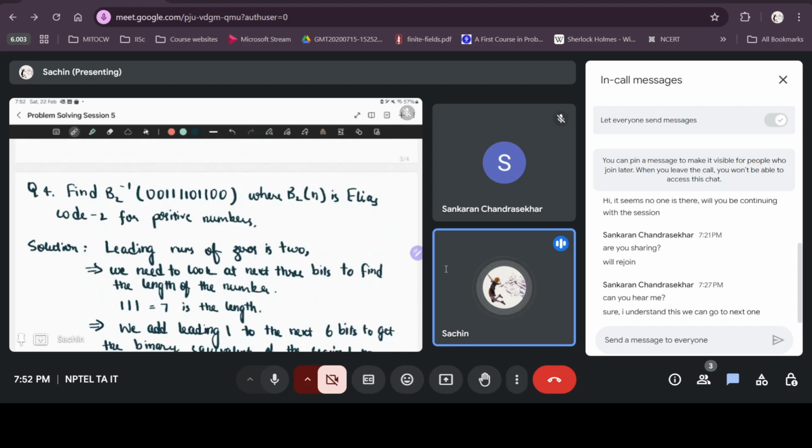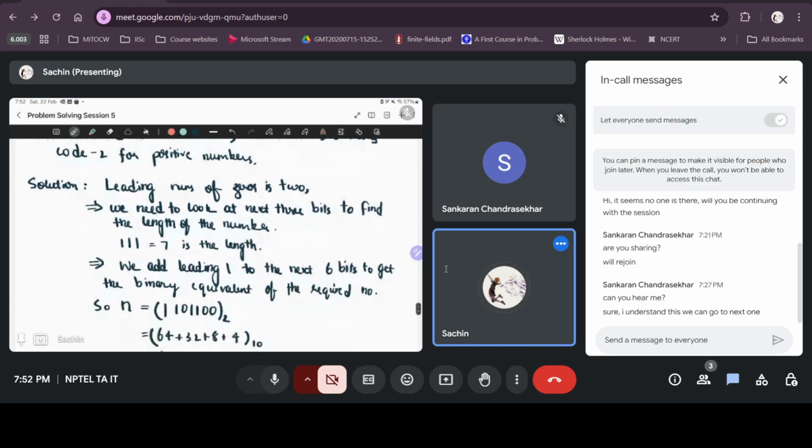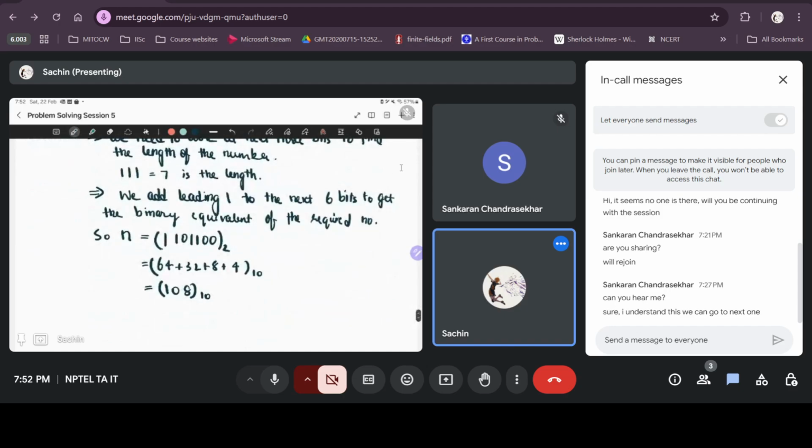So the next 7 bits should be your number in binary. But since you removed the leading one, you have to append the leading one to the next 6 bits. That's all.